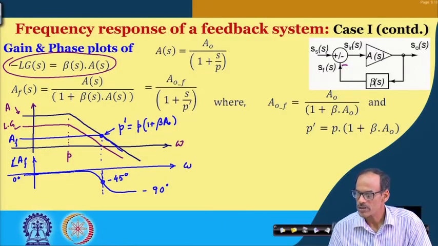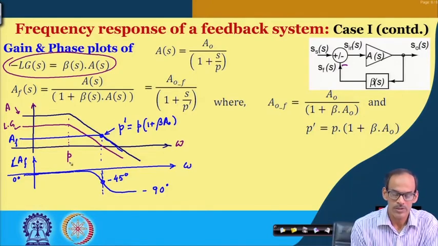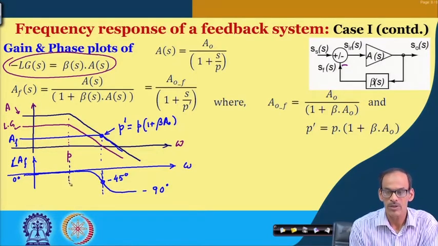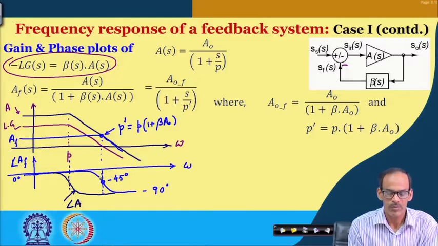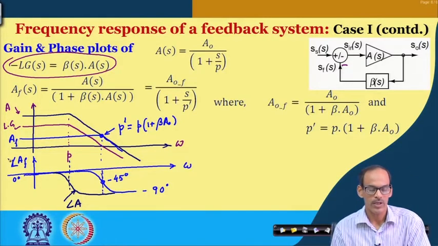If you compare with the original phase, or rather the phase of the main forward amplifier, its pole was at P and its phase was rolling off at P, and of course, it was going towards minus 90 degree. So, this is the phase for A, and the blue color is the phase of AF.